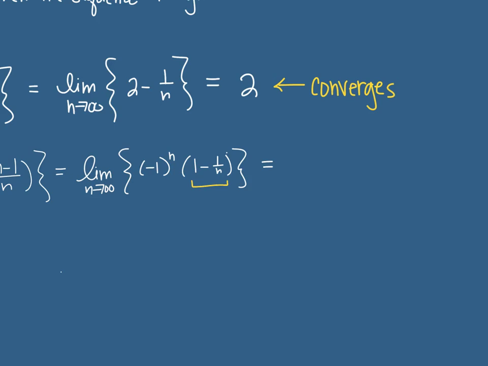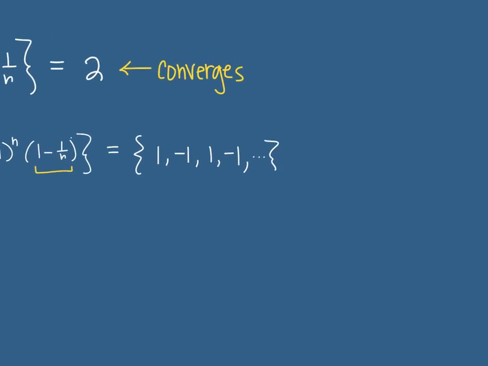That goes to 1. But what happens to the other part of it? It's alternating, right? So the sequence is going to be bouncing back and forth between 1 and -1, 1 and -1, 1, -1. So we're looking at values that do this: 1, -1, 1, -1 forever. That does not approach a single value, and so this diverges.